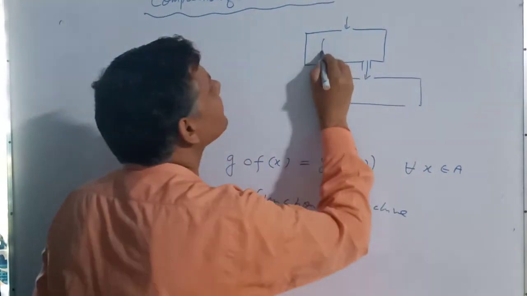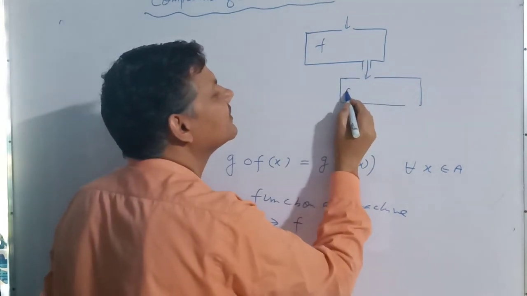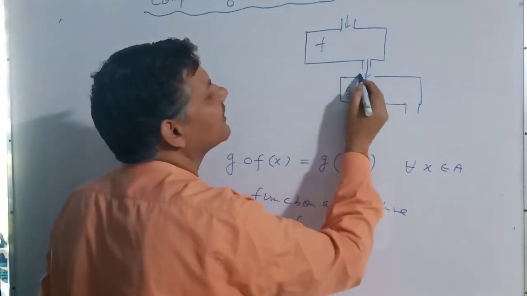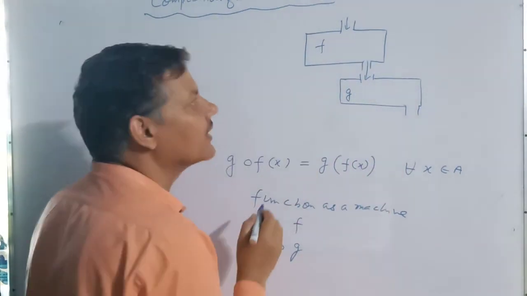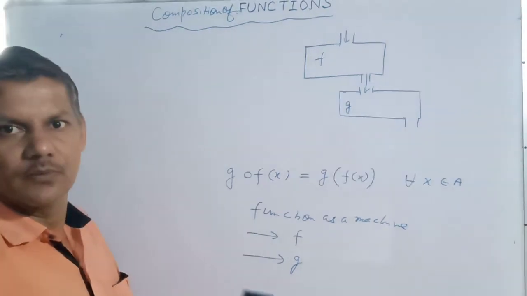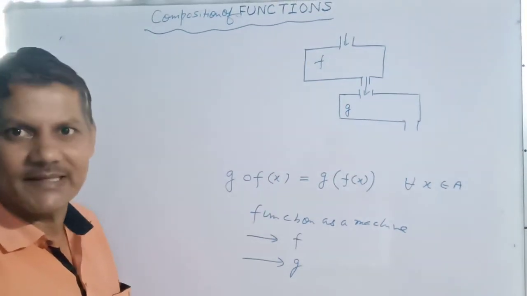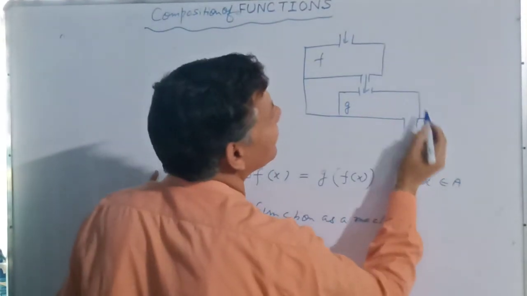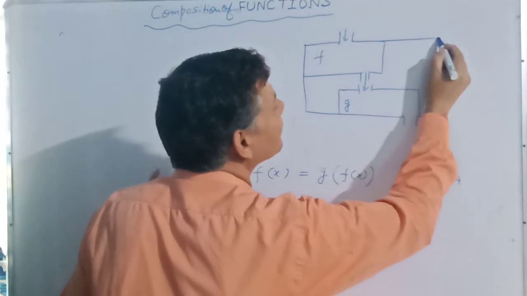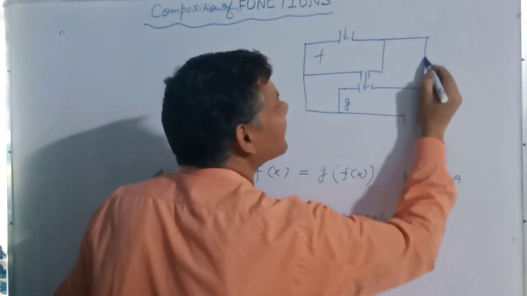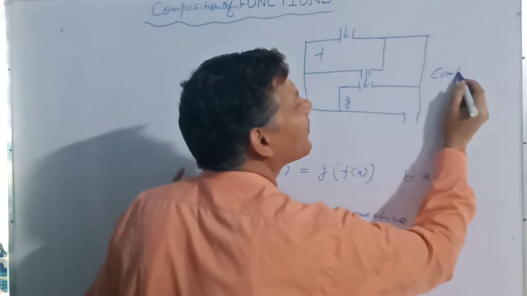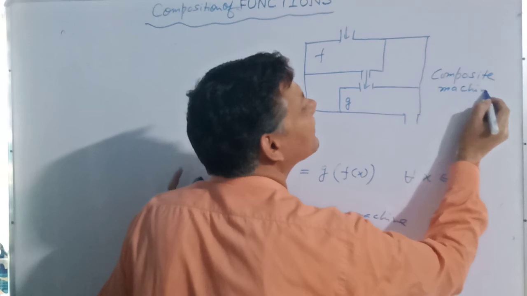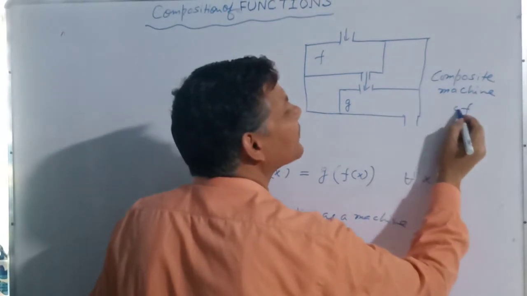Then the machines for both f and g, arranged in a cabinet, are called a composite machine, or f composition g.